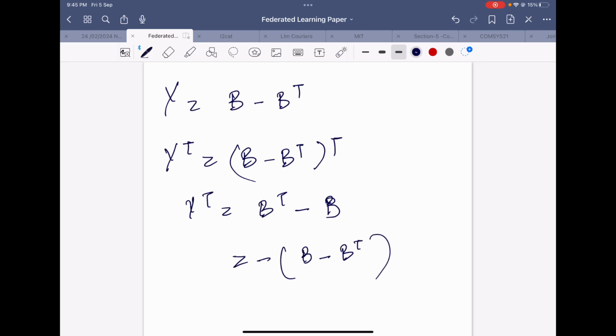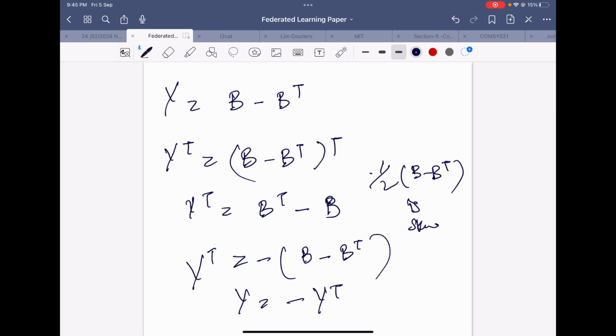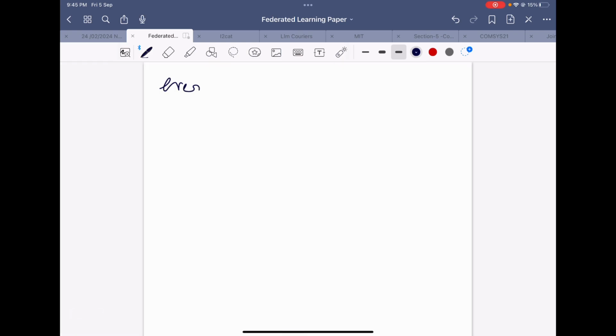So now if we look at Y and Y transpose, we can clearly see that Y is equal to minus Y transpose. So 1/2 of B minus B transpose is skew symmetric. Thus, every square matrix can be represented as sum of symmetric and skew symmetric matrix.